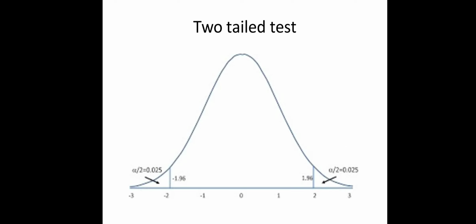So here is some other graphical representation of the two-tailed test. Here we can see minus 1.96 to plus 1.96 is the acceptance region, and 0.05 has been further divided into two parts, alpha by 2 and alpha by 2, that is 0.025 and 0.025.